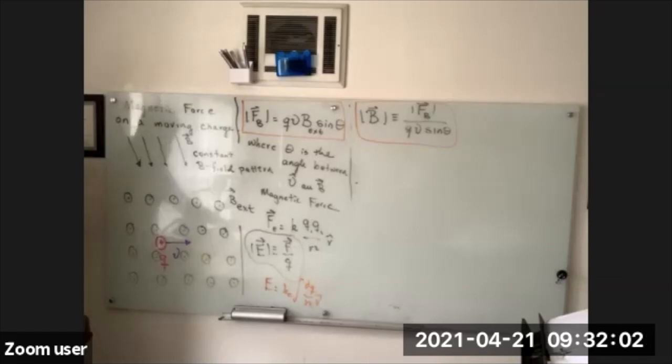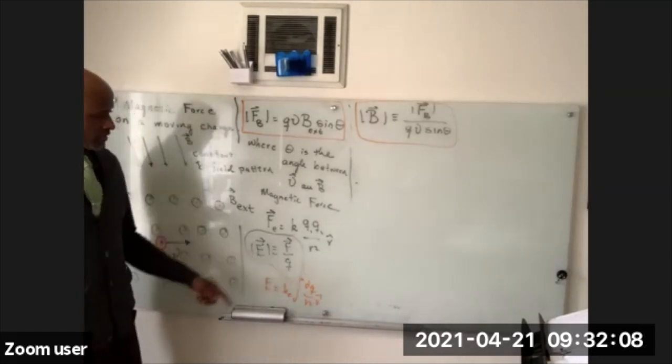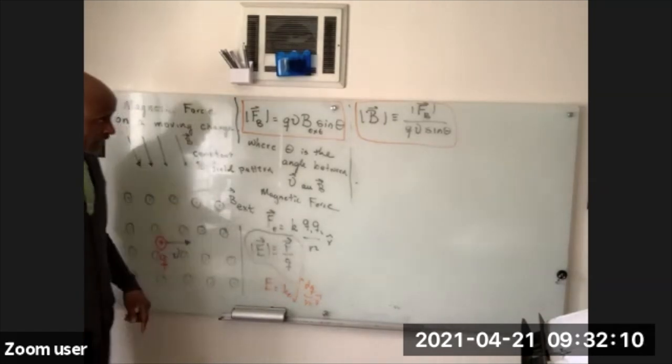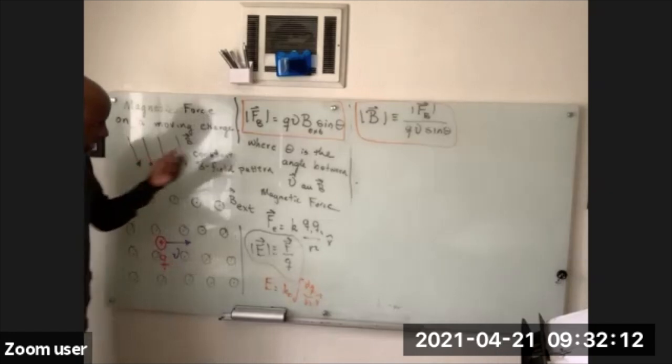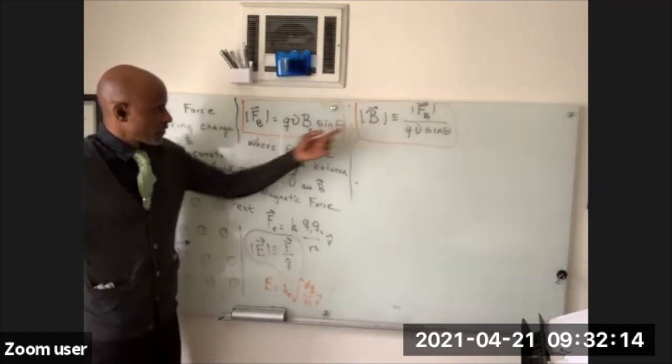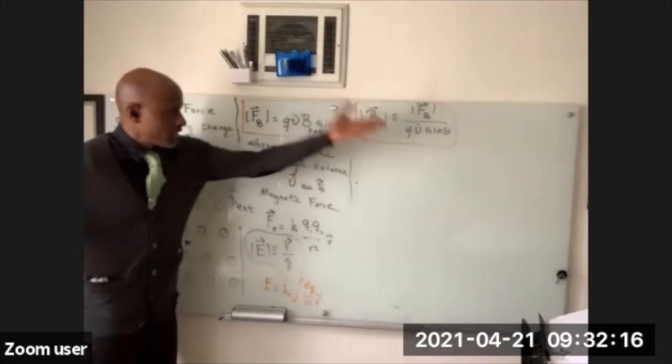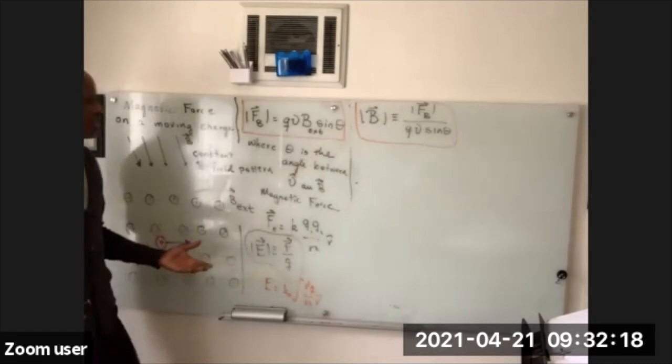So yeah, it's a little bit more complicated because the way we got this, here, we just took Coulomb's law and plugged it into that. Here, you're defining this formula from this formula, so you can't just take this and plug it in. You just get one, right? So it's not quite the same.